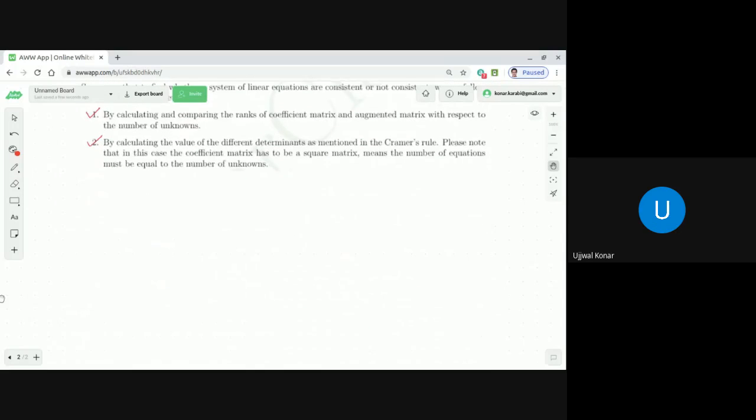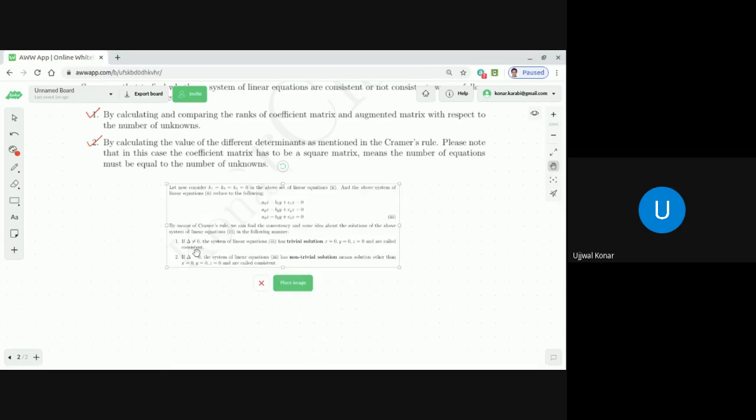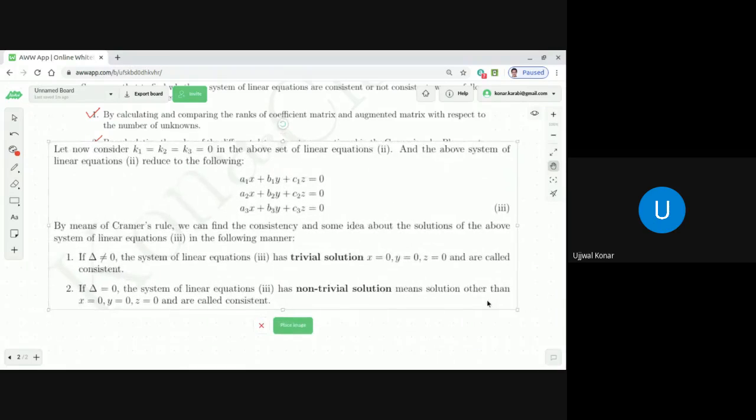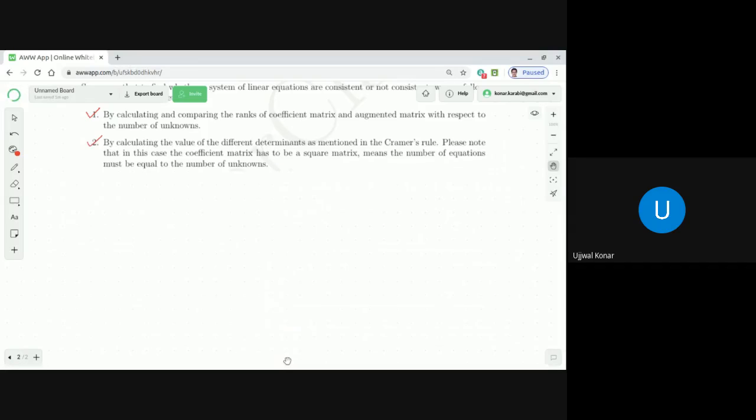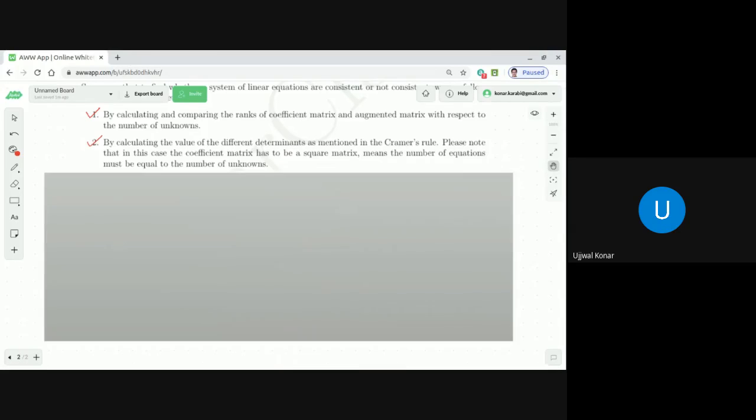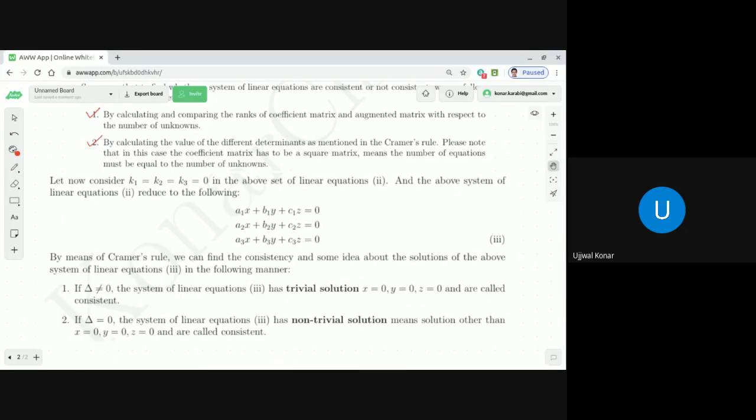Okay, dear students. If we consider that K1 is equal to K2 is equal to K3 is equal to 0, then the above system of linear equations 2 can be reduced to something like this. Correct or not? If you make K1, K2, K3 equal to 0, then the above system of linear equations reduces to something like this, as you see in front of you.